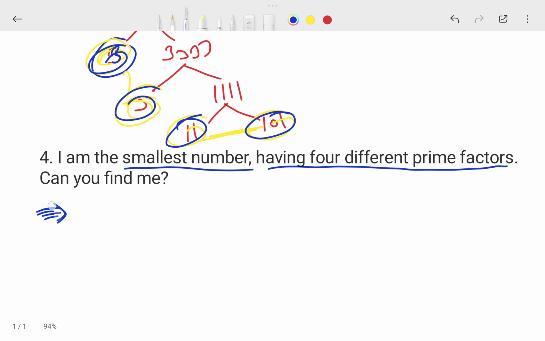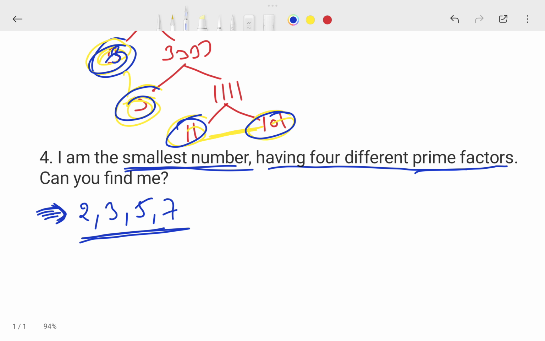You have to write only the smallest prime numbers. So what are the smallest prime numbers? That is 2, 3, 5, and 7. These are the smallest 4 prime numbers.